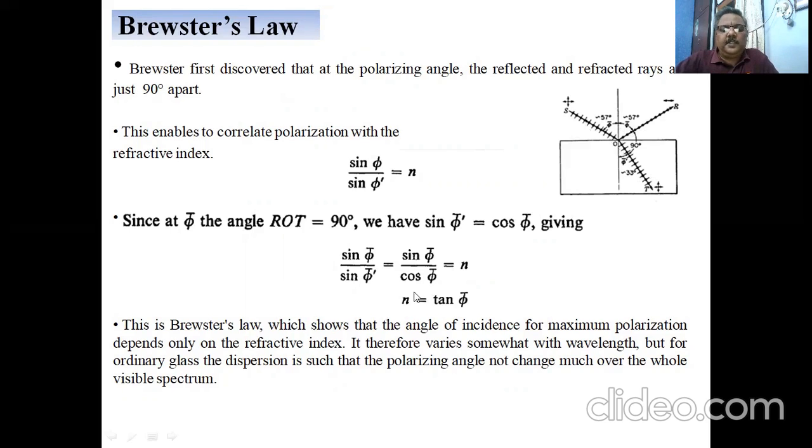And the expression for this, if phi is the angle of incidence, then tangent of that angle is equal to the refractive index. So the Brewster's law shows that the angle of incidence for maximum polarization depends only on the refractive index. There is no other quantity. So it depends totally on the refractive index of the reflecting medium.